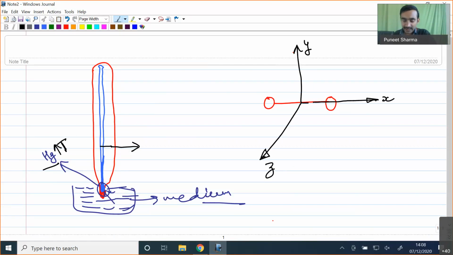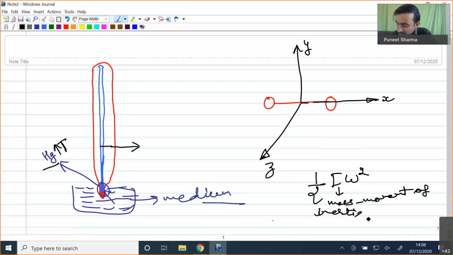Our rotational kinetic energy is equal to half I omega square, where I is the mass moment of inertia.